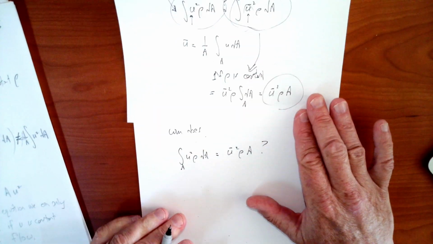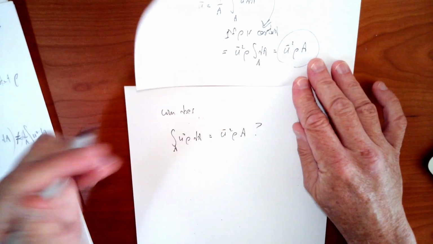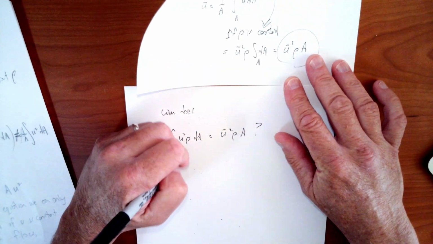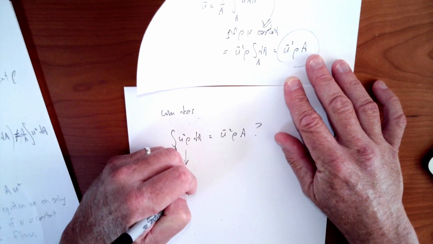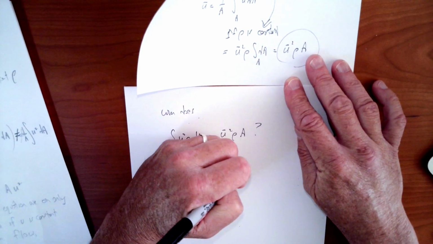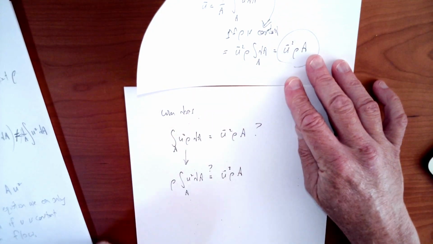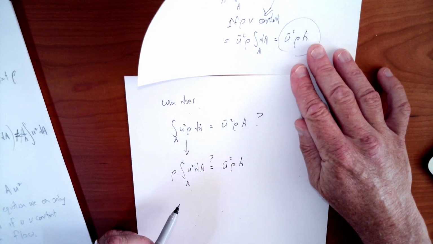Does it ever equal simply u bar squared rho A? Well, if rho is constant, we can pull the rho out. So we have the integral over A of u squared dA. Does that equal u bar squared rho A? Right, so that's the question there.